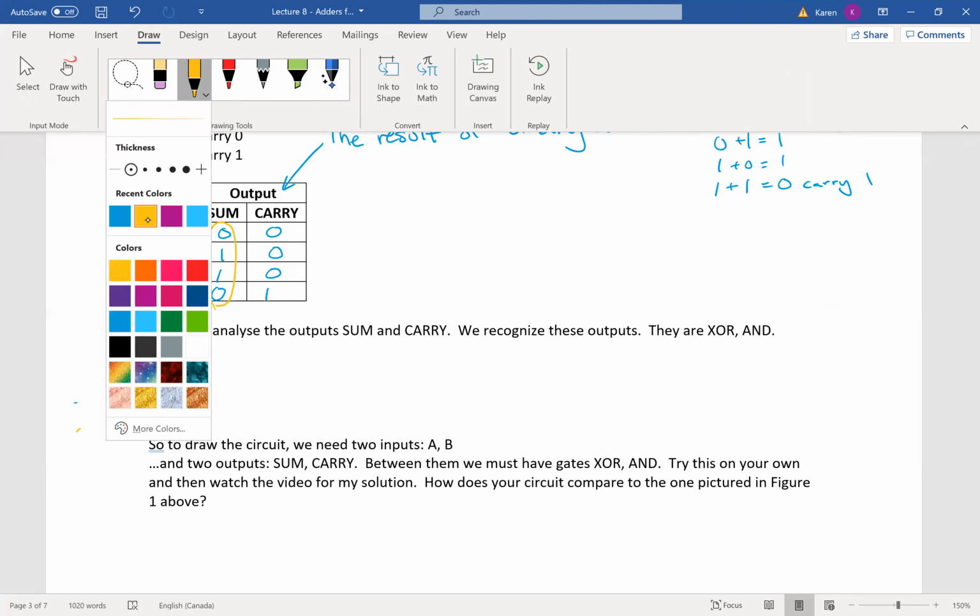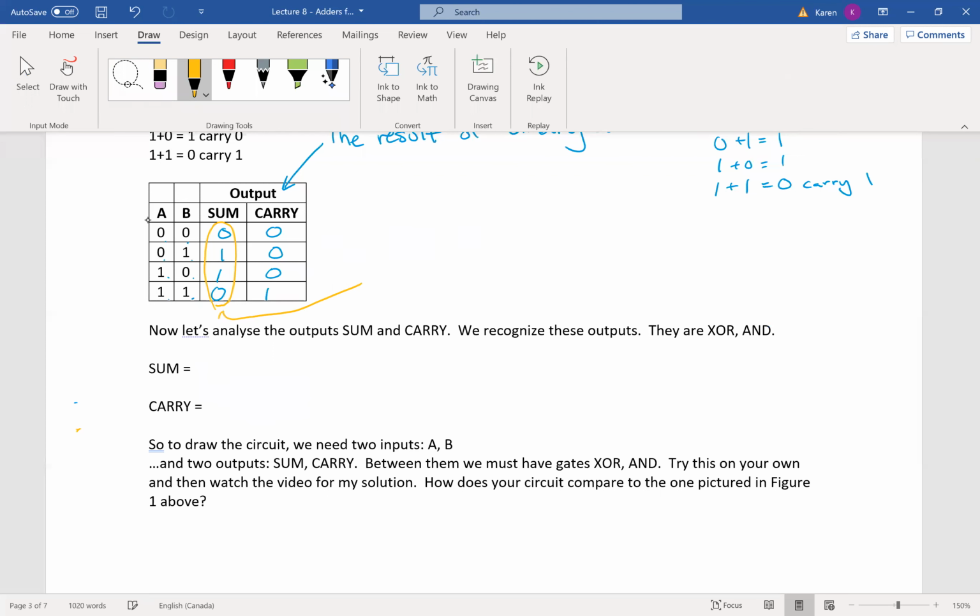Now it looks right. What kind of a circuit has this output? Well, an OR gate output is high if one or the other or both are high, so it's not an OR gate. It's not an AND gate, because an AND gate says that the output is high only if all inputs are high.